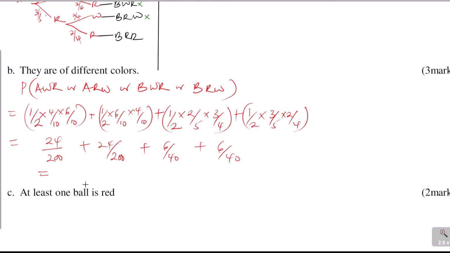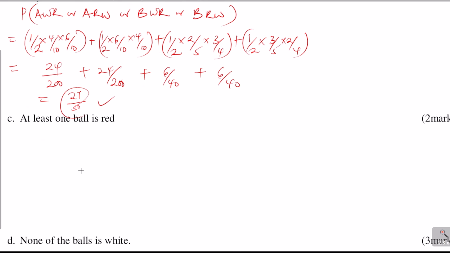So everything simplified, you add all these fractions and you simplify, you'll get 27 divided by 50 as the solution for that part. We go to part C.